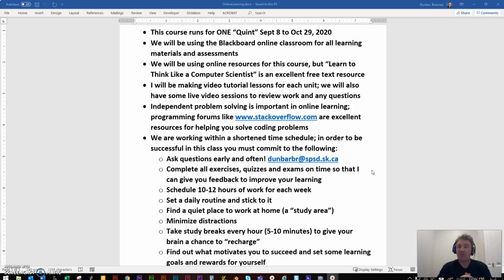So the expectation is that you dedicate 2.5 hours every day to each class. So on a weekly basis, that's 12.5 hours. So be prepared to put that kind of time in, and make sure that you separate the time out. You're not going to be doing efficient work if you cram everything into an 8 or 10 hour period on the weekend. You need to spread the workload out and make sure that your brain has a chance to recharge.